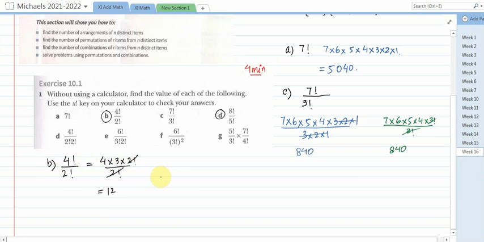And for part D, it says 8 factorial divided by 5 factorial, which equals 8 into 7 into 6 into 5 factorial divided by 5 factorial, and the 5 factorial cancels. The leftover is 8 into 7 into 6, which gives you the value of 336. That is your answer. I hope all of you are getting the same values, and the concept of finding the factorial is very easy.